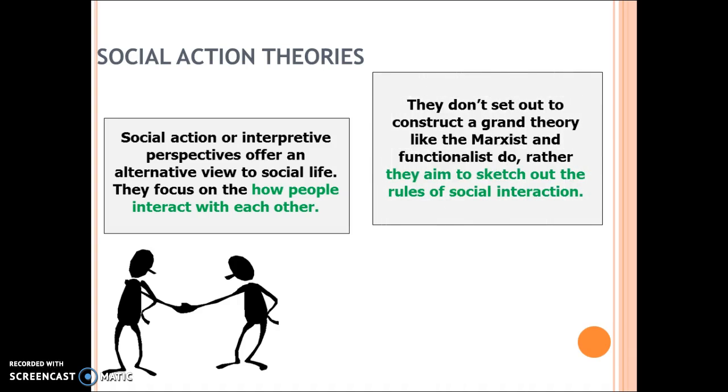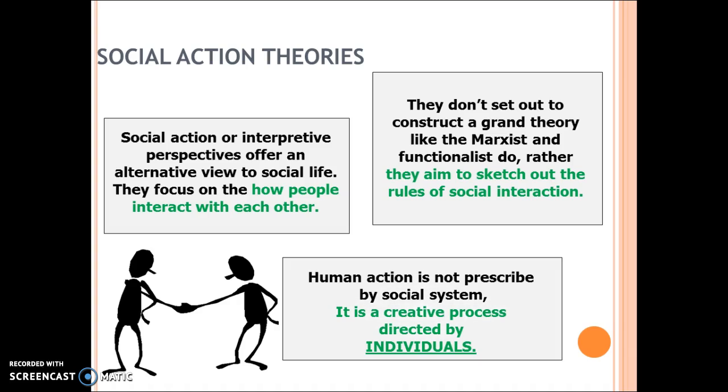So they don't set out to construct a grand theory, a large social system theory like the functionalists and the Marxists do. Rather, they aim to sketch out the rules of social interaction.